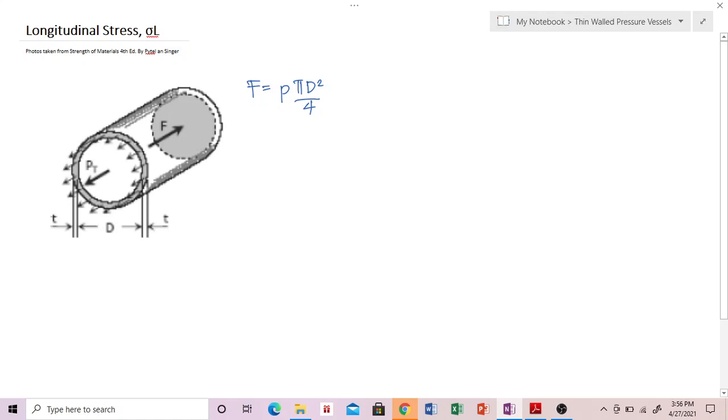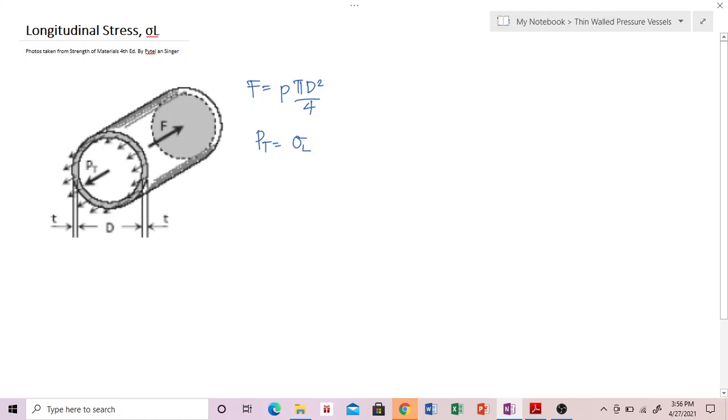Okay. So, ang nagre-resist naman dito sa bursting force F natin is yung P sub T. And that P sub T is equivalent to the stress or the longitudinal stress multiplied by the area. Ano yung area na nagre-resist? That is the thickness nito, thickness multiplied by the length.